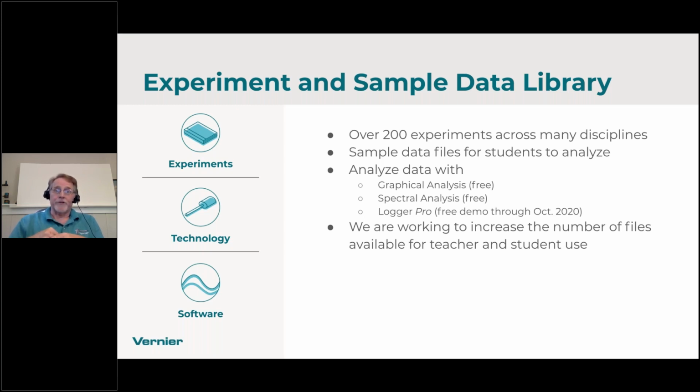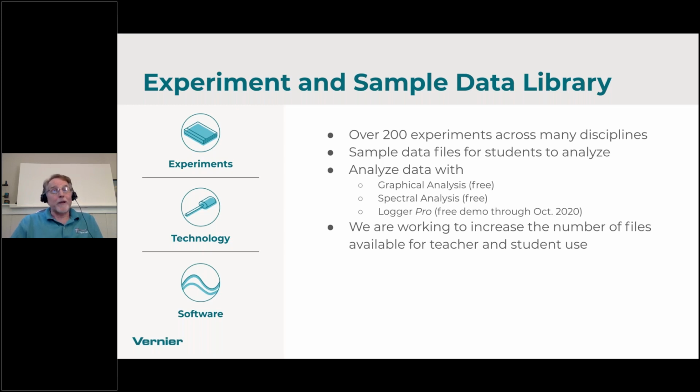You'll notice the next line says analyze data with Graphical Analysis, Spectral Analysis, or Logger Pro. Graphical Analysis is our app that is available for five platforms: Mac and PC, iOS, Android, and Chrome. It's free, and it can be downloaded.